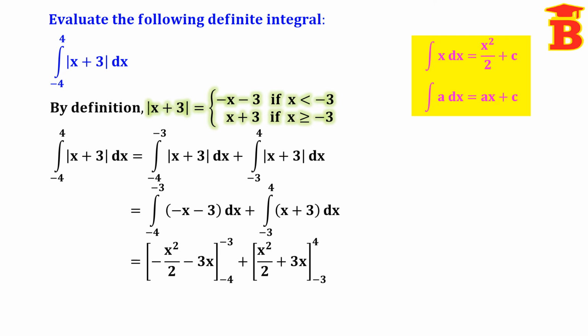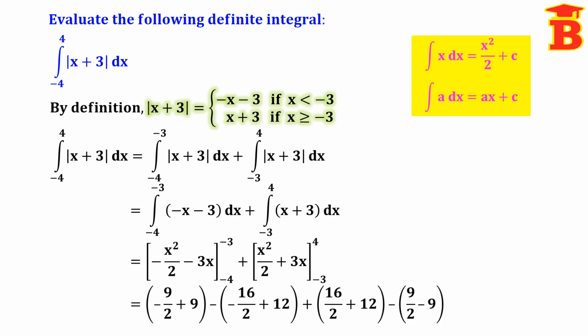Now we have to substitute the limits, that is upper limit minus lower limit. First substitute this upper limit. Minus 3 squared is 9, so that is minus 9 by 2. Minus 3 into minus 3, that is plus 9. So this is the upper limit for the first term, minus substitute the lower limit minus 4. Minus 4 whole squared is 16, so this is minus 16 by 2. Minus 3 into minus 4, that is plus 12.